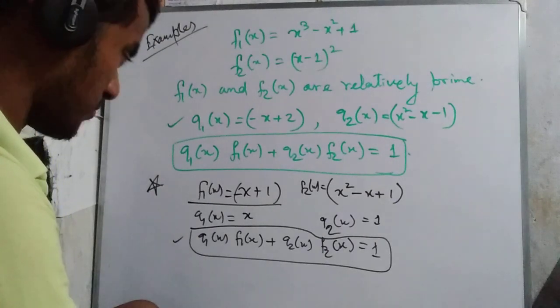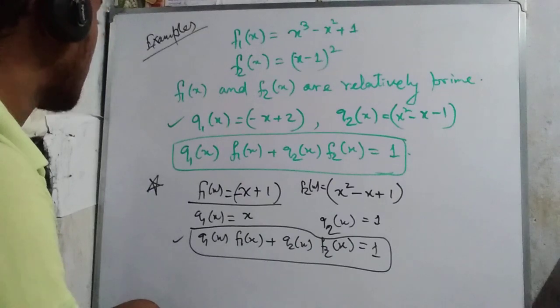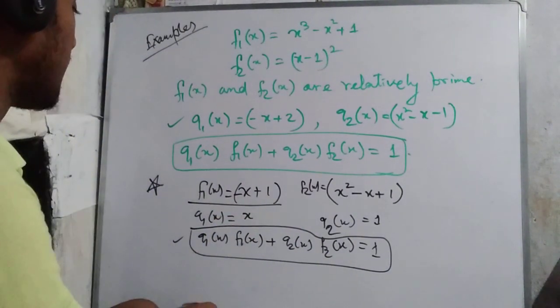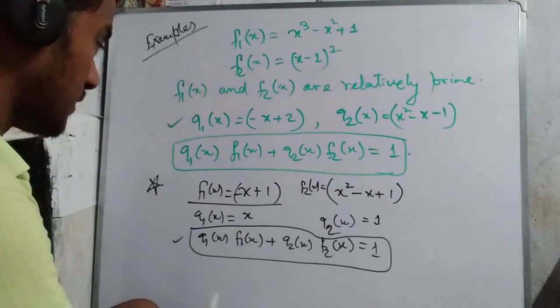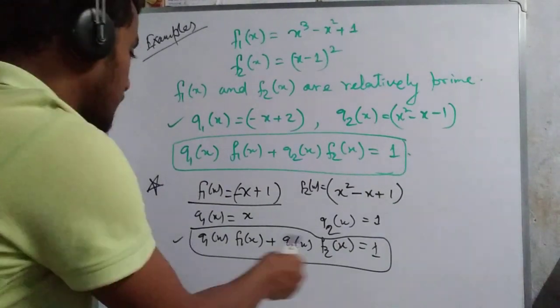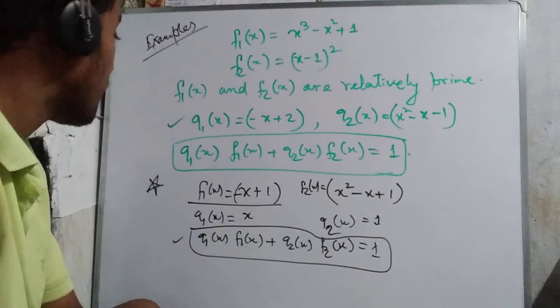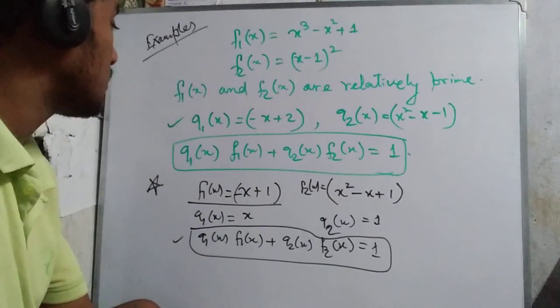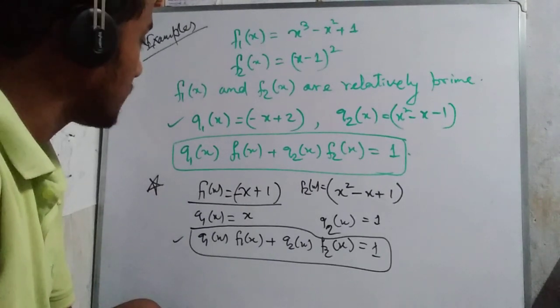These are obviously relatively prime polynomials. Then we find q1(x) equal to x and q2(x) equal to 1, satisfying q1(x) f1(x) plus q2(x) f2(x) equals 1. Not a problem at all. All understand this example.